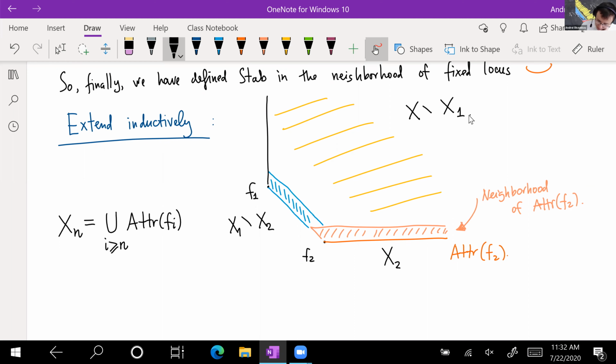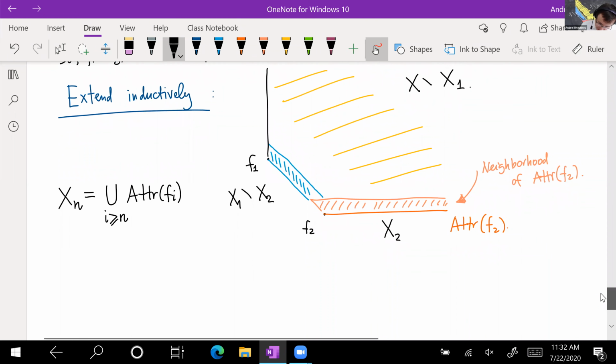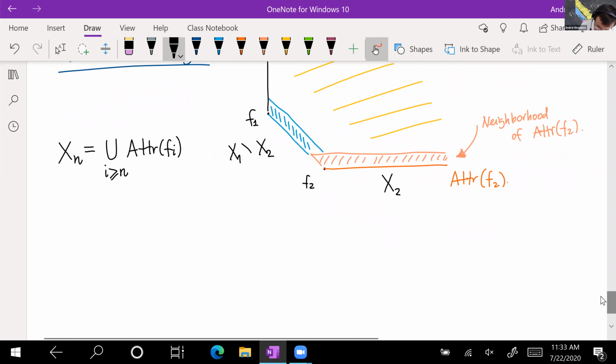And in every step, we will construct extended stable envelopes inductively.